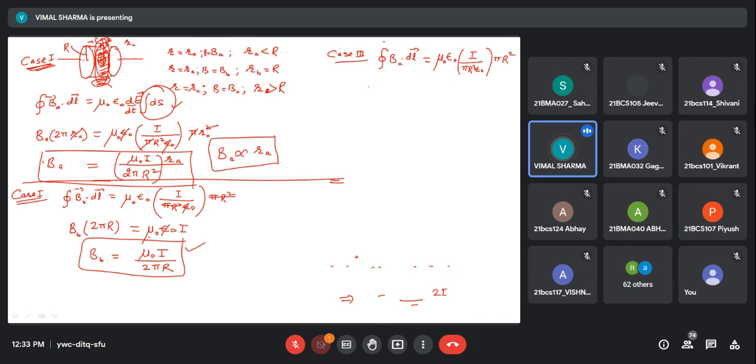So then I can write left hand side, that is B times 2 pi R_C, and on this side I can cancel pi R square with pi R square, epsilon naught with epsilon naught, so I'm left with mu naught times I, or I can write B is equal to mu naught times I divided by 2 pi R_C, where R_C is greater than R.